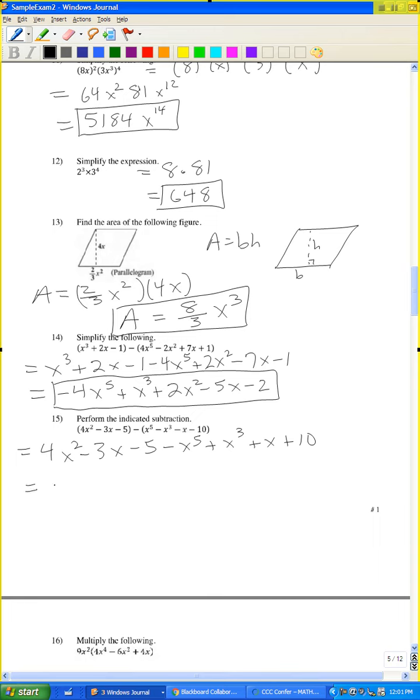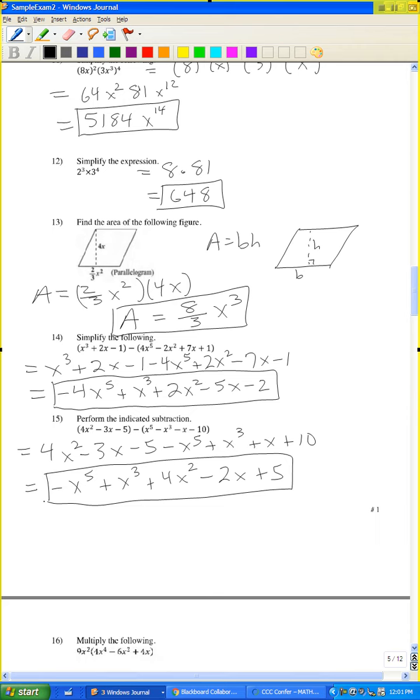So I have negative x to the 5 plus x cubed plus x squared plus 4x squared. I have minus 3x plus x minus 2x, negative 5 plus 10 plus 5. And that is your answer.